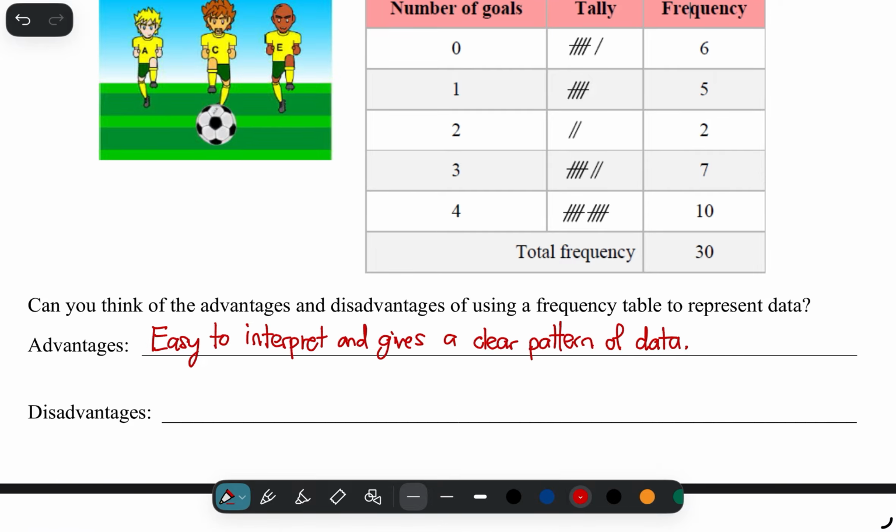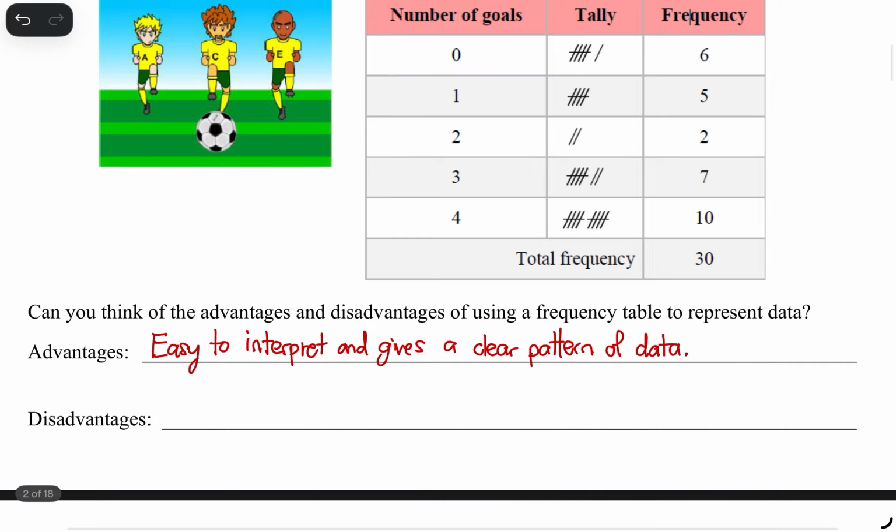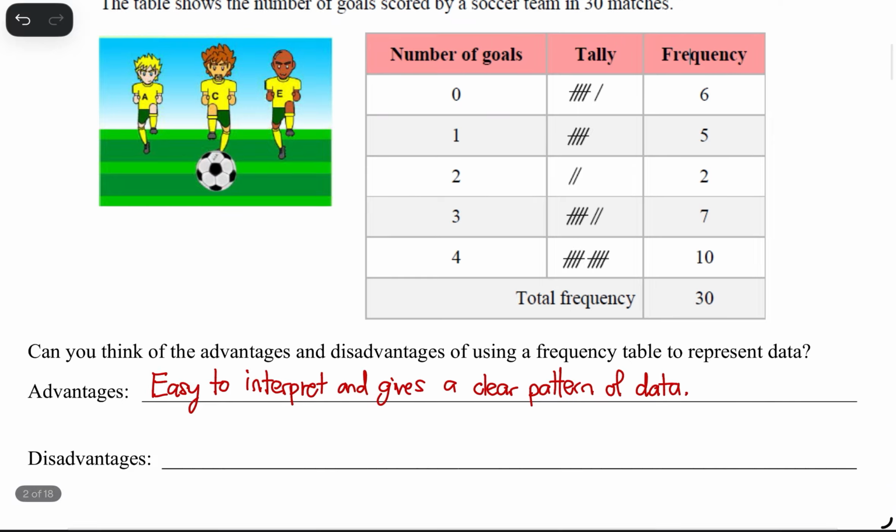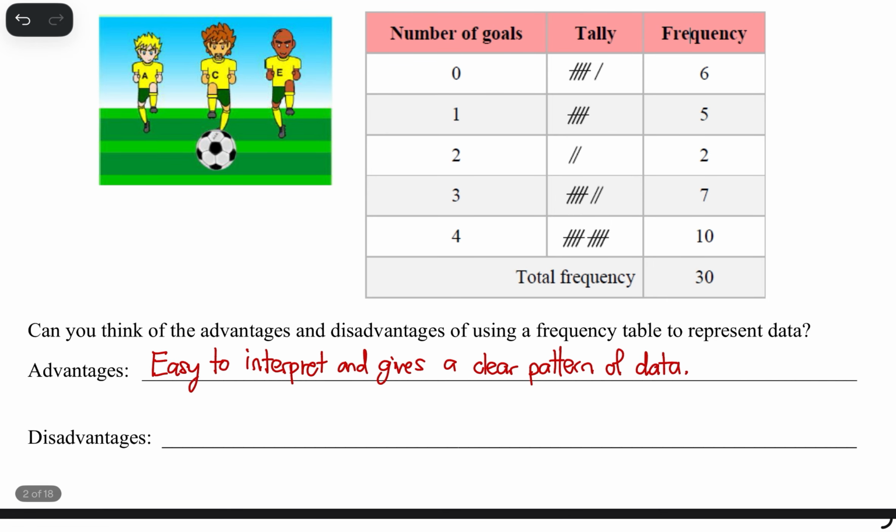But what are the potential disadvantages? Let's say instead of goals, this becomes some other context like number of hours. Then it will not just be 0, 1, 2, it can be 0.1, 0.2, 0.3, 0.4. So in this case, for continuous data that needs to be grouped, meaning that, let's say, number of hours between 0 to 1, it is harder to find the actual value.